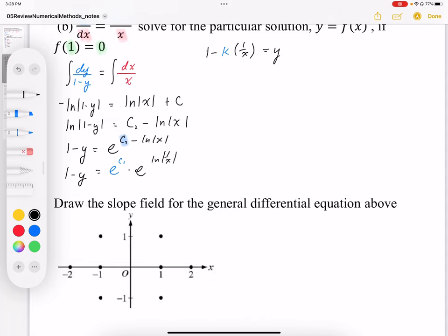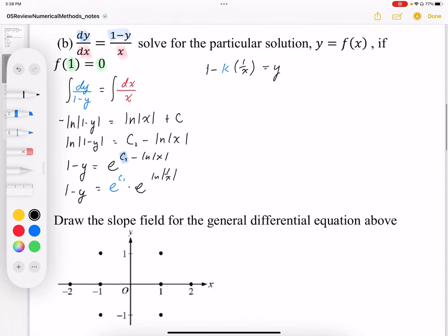And then I can solve for that k by substituting in our initial condition. So plugging in my initial condition, I'm solving for k. I'm going to plug in x is 1, y is 0. So in this case, k is going to be equal to 1.